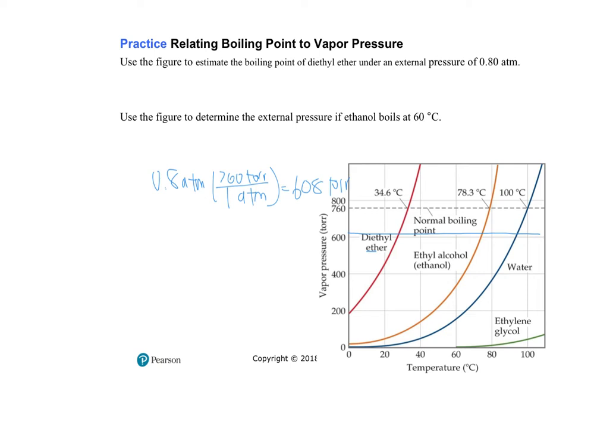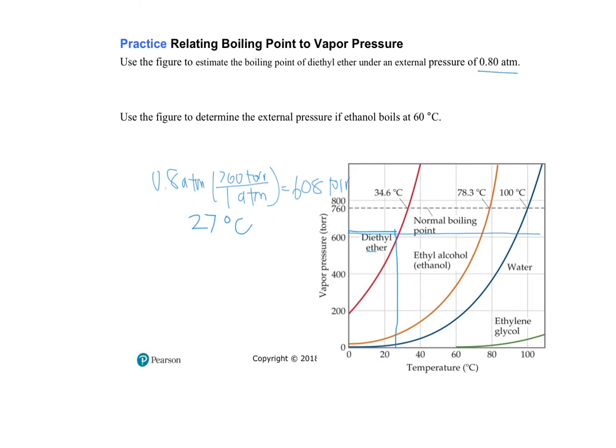So I'm going to go over to here, go down as good as I can, and we can see that's about, I would say 27 or so degrees Celsius. So that would be the boiling point of diethyl ether if the atmospheric pressure was 0.8 atmospheres.